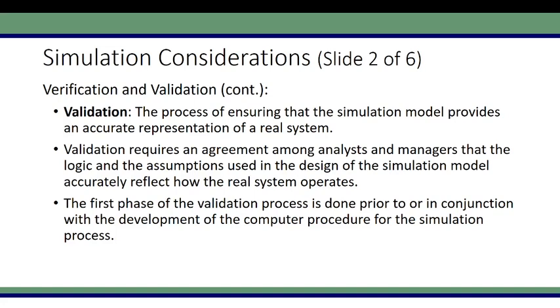If this form of validation is not possible, an analyst can experiment with the simulation model and have one or more individuals experienced with the operation of the real system review the output to determine whether it is a reasonable approximation of what would be obtained with the real system under similar conditions.